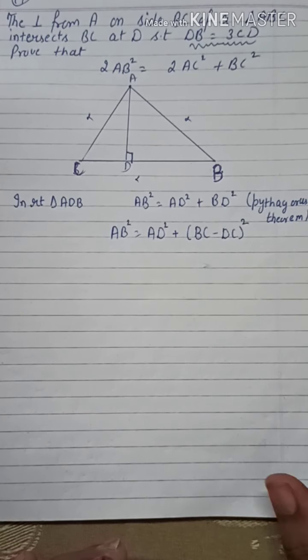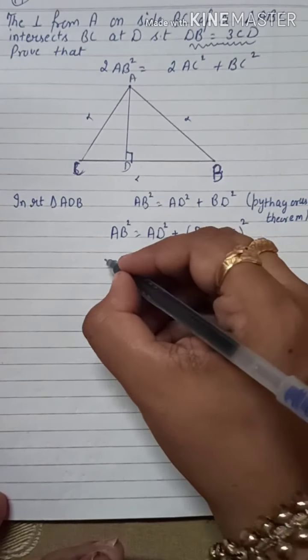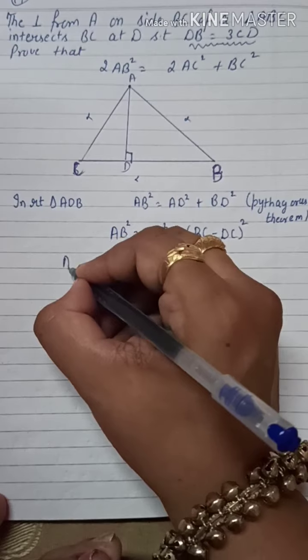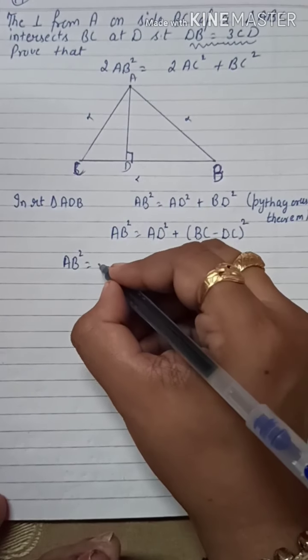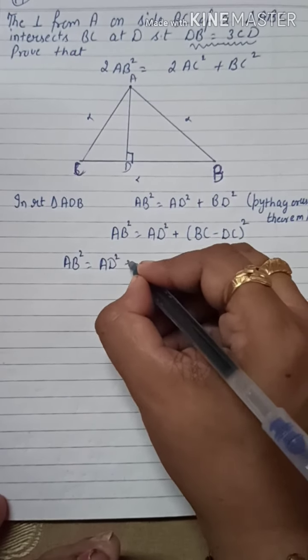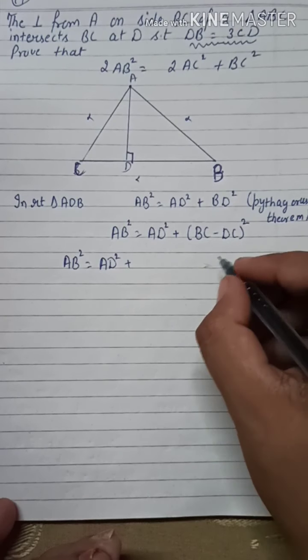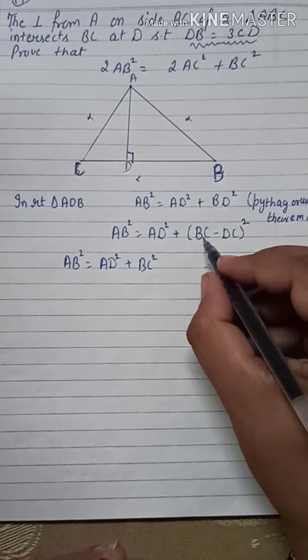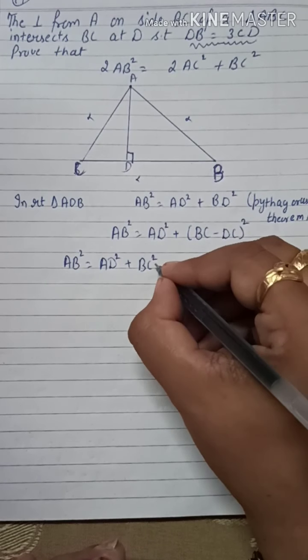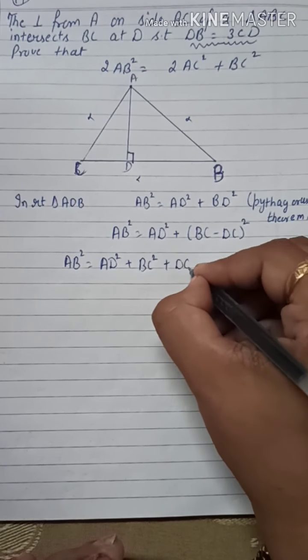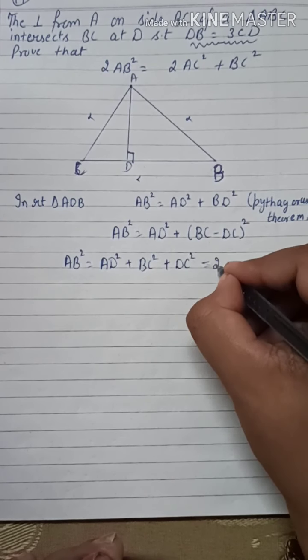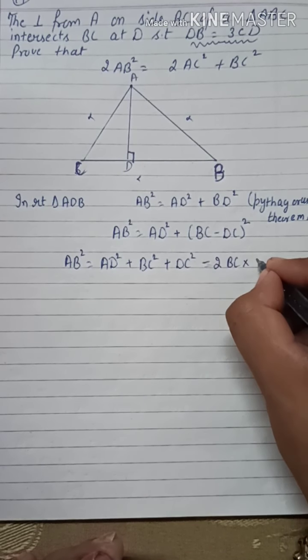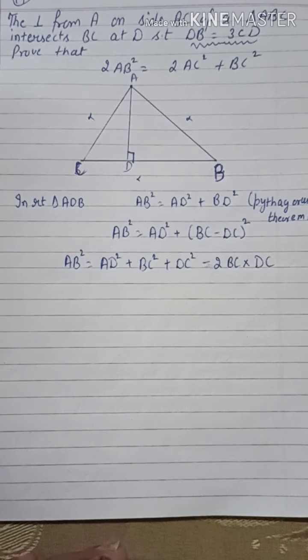Now I am going to open it: AB square equals AD square plus, A minus B whole square is A square plus B square minus 2AB, so BC square plus DC square minus 2BC multiplied by DC.